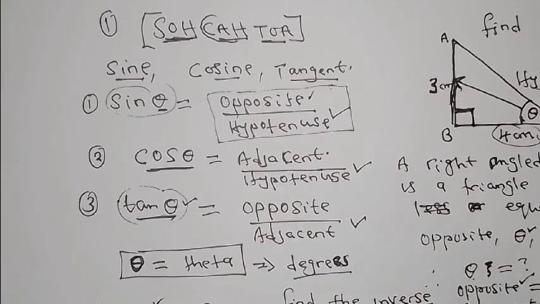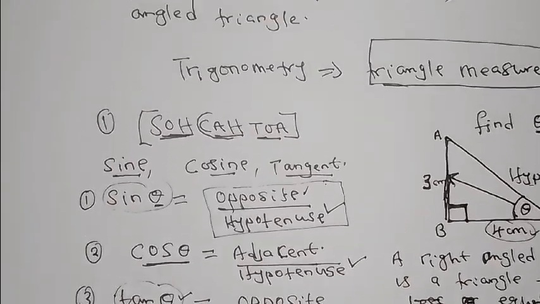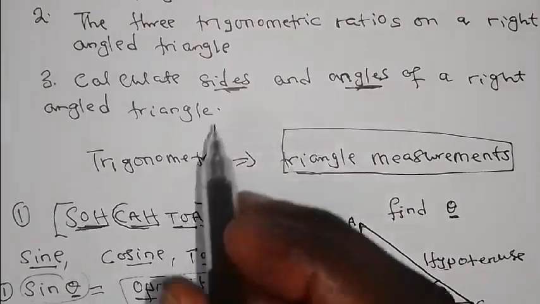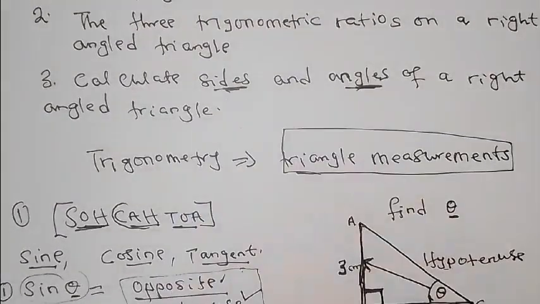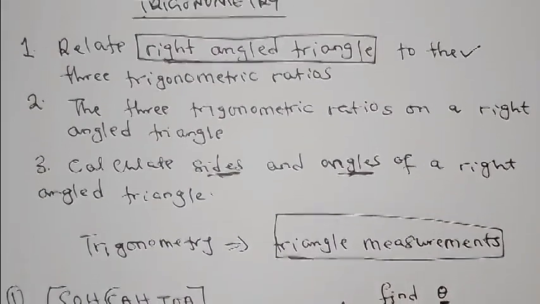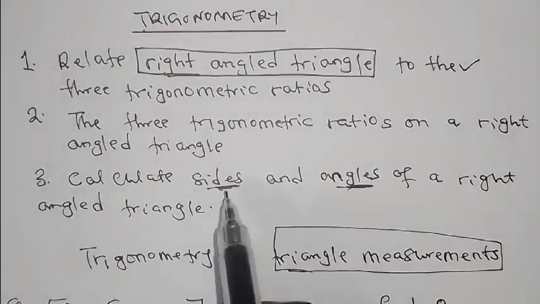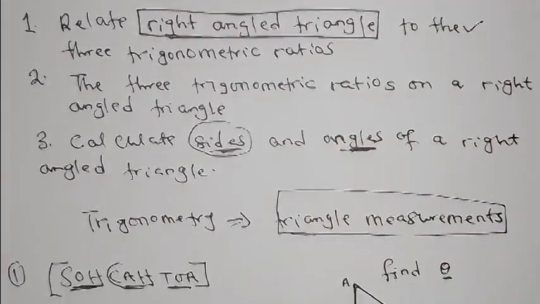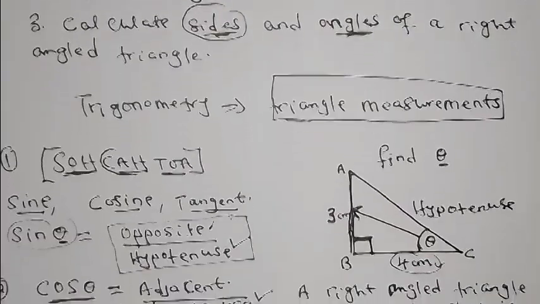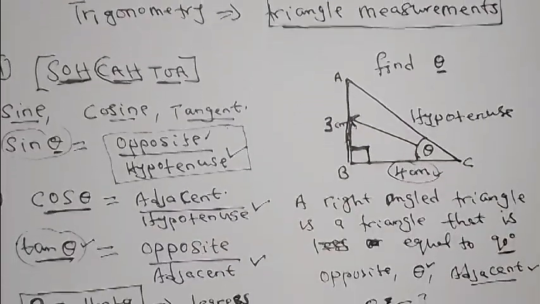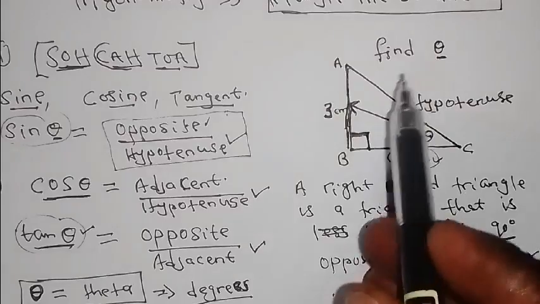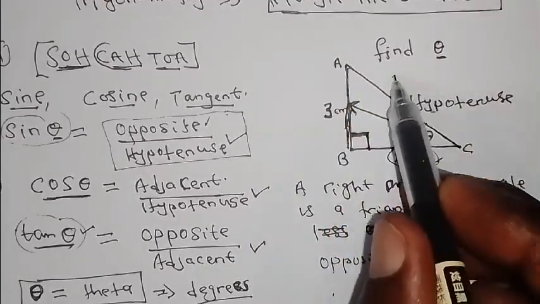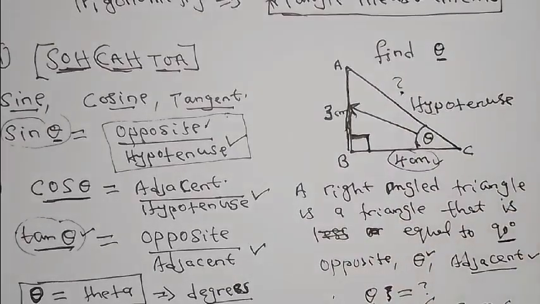Next, let us look at how you can find the sides. You need to find the sides now. When you look at this example, we don't have this hypotenuse, so we have this question mark.